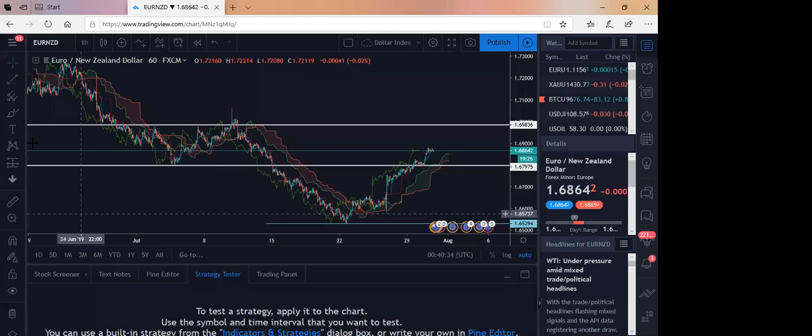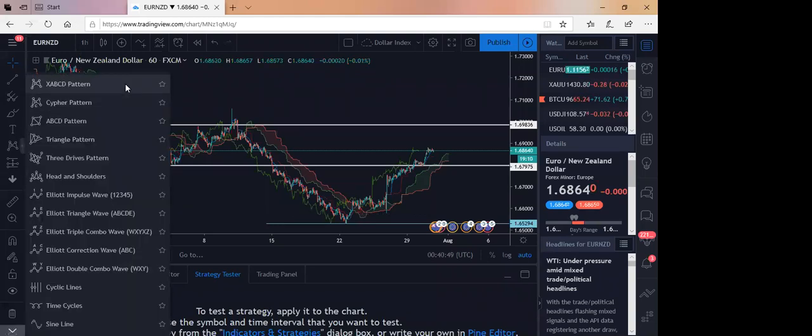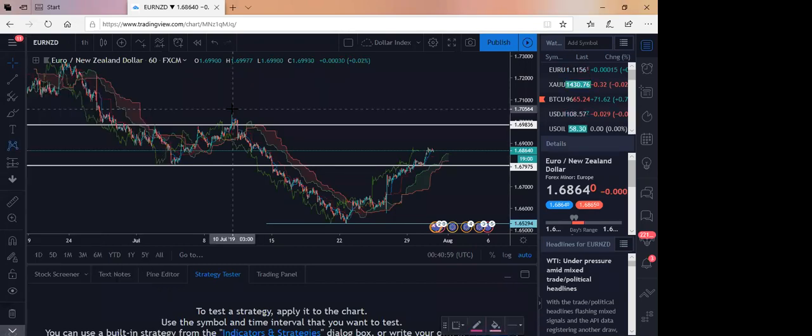I don't have my PowerPoint up, but you will go over here and really I just choose the XABCD pattern, and it pretty much draws it up for you. But X will probably be at your, I'll say right here, this is a resistance area.